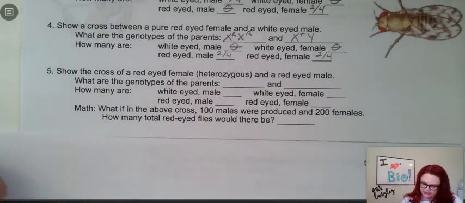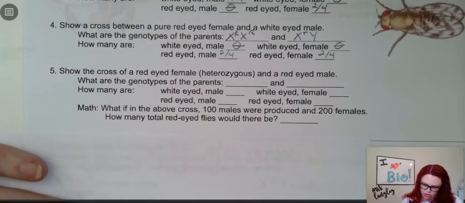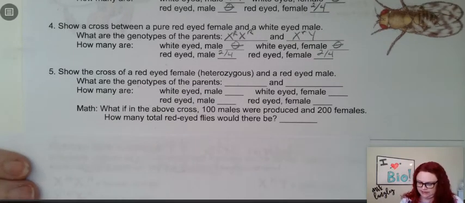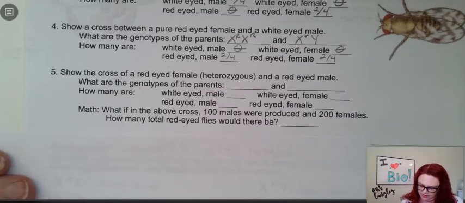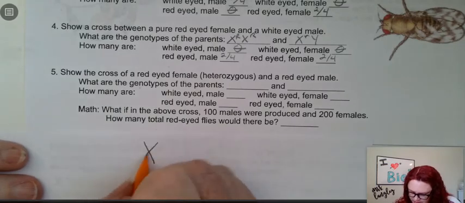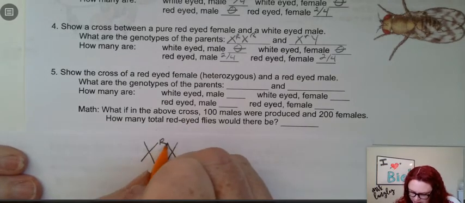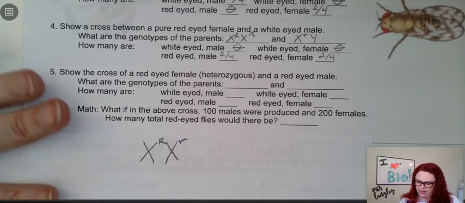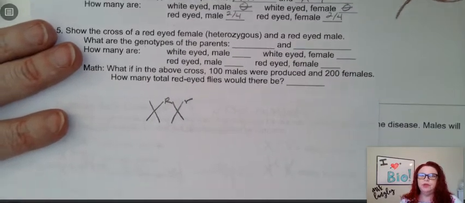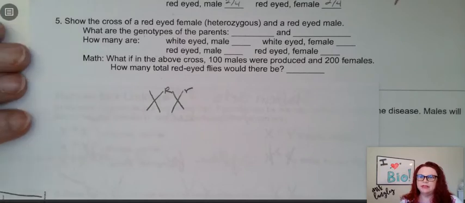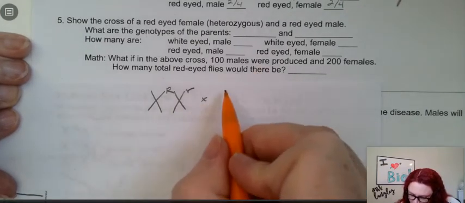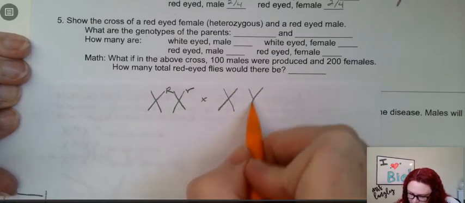All right, let's see what the next one has for us. Show a cross of a red-eyed female that's heterozygous. Okay, red-eyed female heterozygous. Female, red, but heterozygous. And a red-eyed male. Notice they didn't tell us that it was heterozygous or homozygous because they don't need to. When we're talking about X-linked traits in males, we only have one.